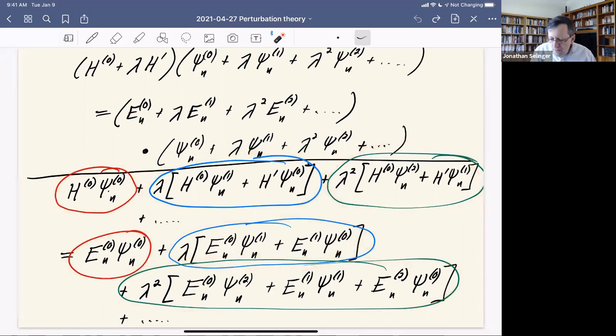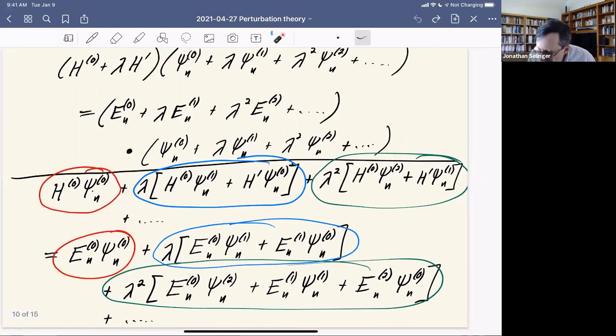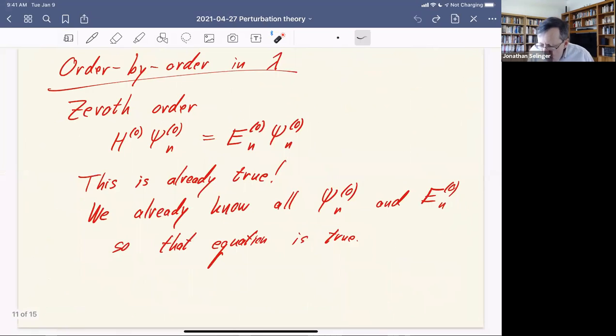The 0th order stuff has to be equal term by term, so 0th order has to equal 0th order. That's already automatically true, because that's just showing you the original unperturbed problem, so no trouble with that.